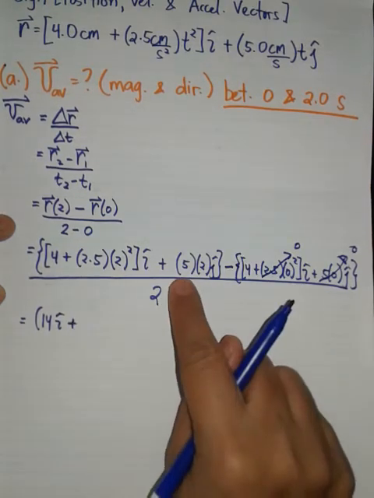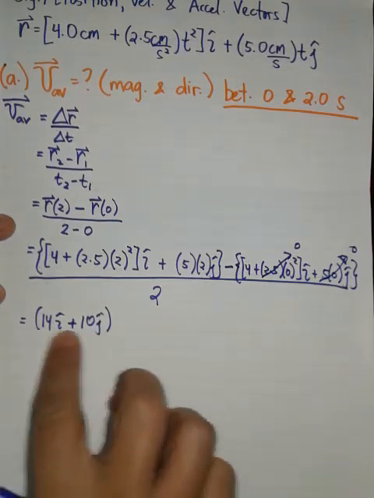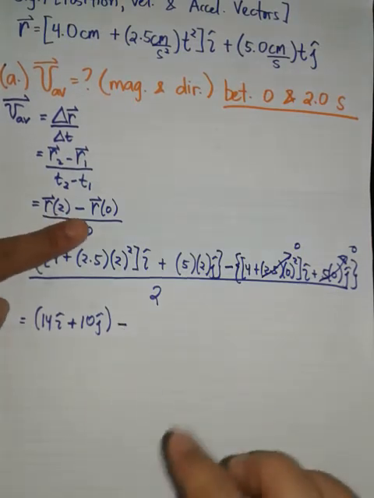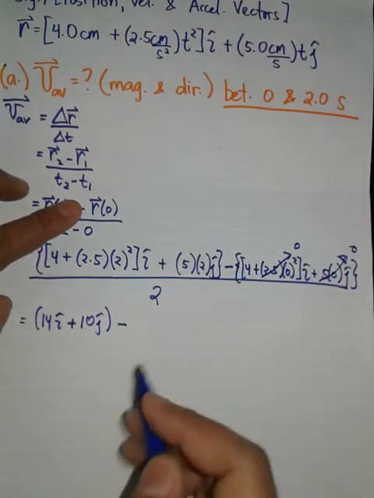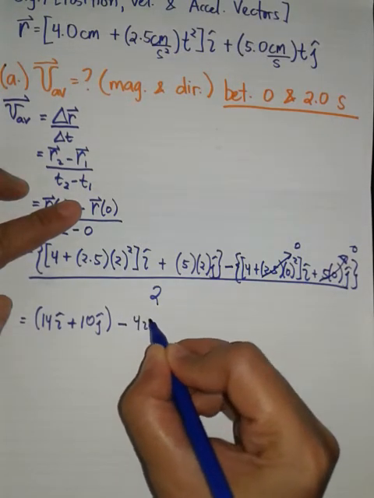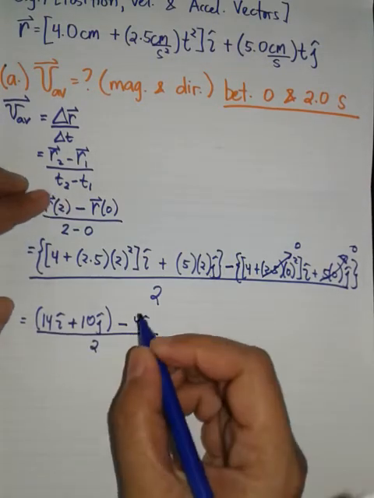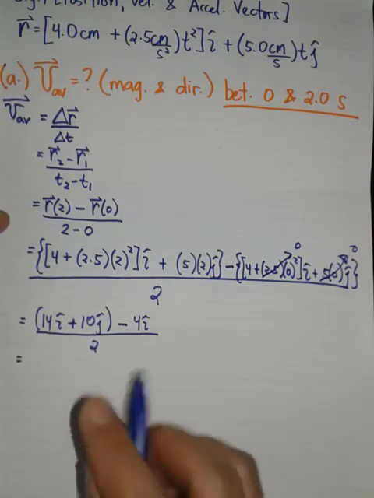Plus, this one, 10 j. Okay, so ito na lang yung natira for r when time is 2. And then minus, yung r when time is 0, ito na lang si 4 ang natira. 4 i hat, walang j component. 4 i hat, kasi 0 na yan. All over 2 seconds.